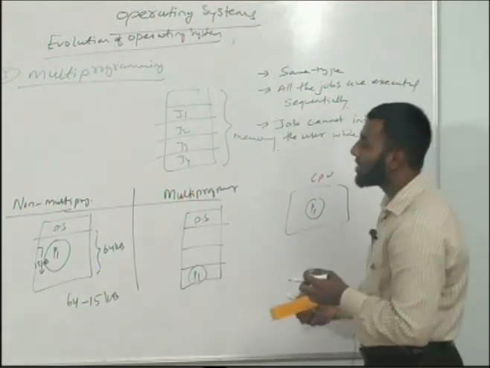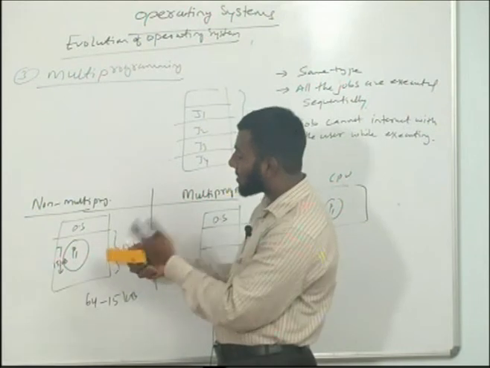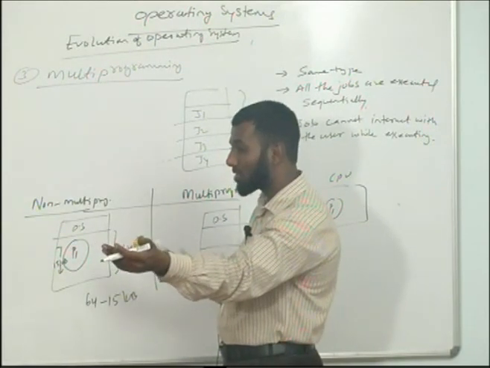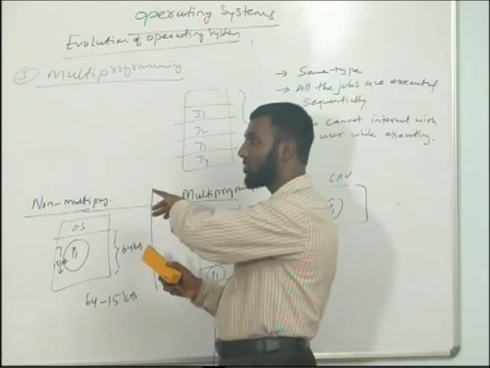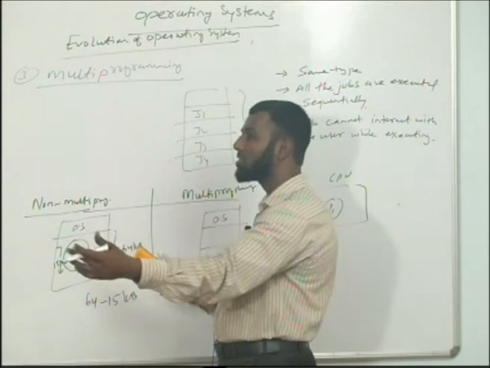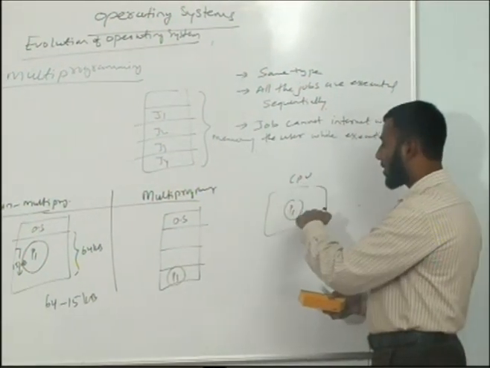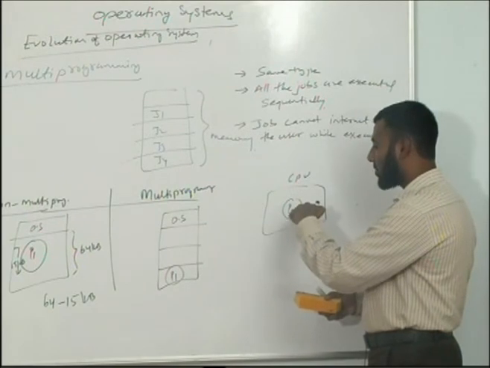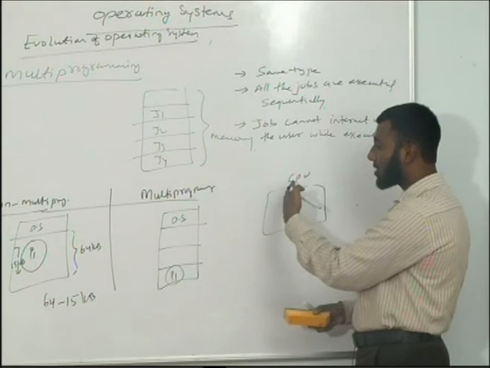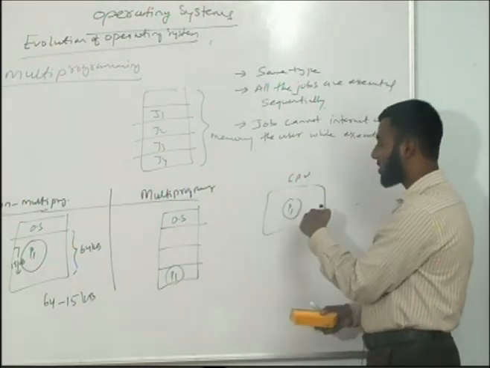Whereas in non-multi-programming, a process leaves the CPU only if it has terminated, then another process has to be loaded from the disk into main memory, and again it will be given to the CPU. When that process is performing any IO operation, the CPU was idle. But here, if the process is performing some IO operation, the scheduler still takes some other job and gives it to the CPU.